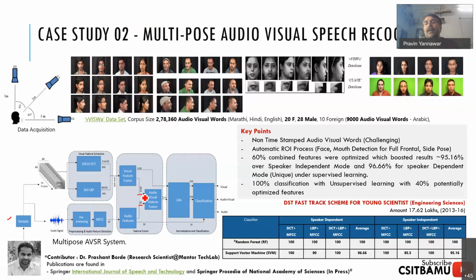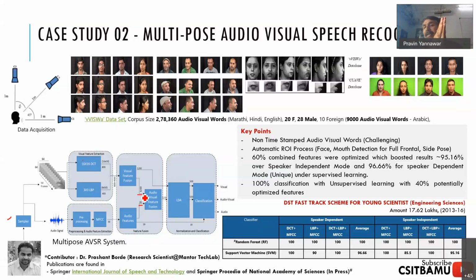So we have defined our own algorithm for identification of the mouth in a side pose, particularly for 45 degrees. It says that 60% combined features were optimized, which boosted the result up to 95% over speaker dependent and 96% over speaker independent.